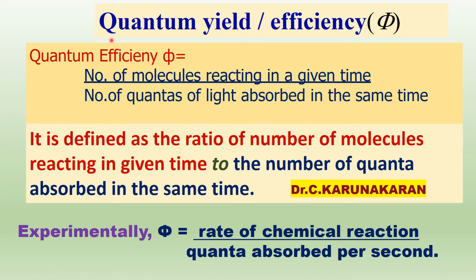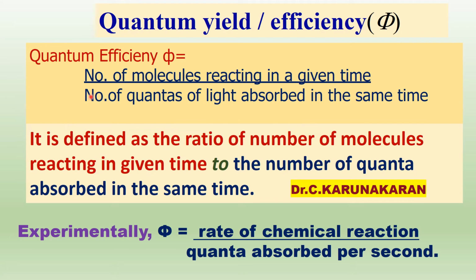Another important term used in photochemistry is called quantum yield or quantum efficiency. What is quantum efficiency, or phi? That is the number of molecules reacting divided by the number of photons of light absorbed in the same time.